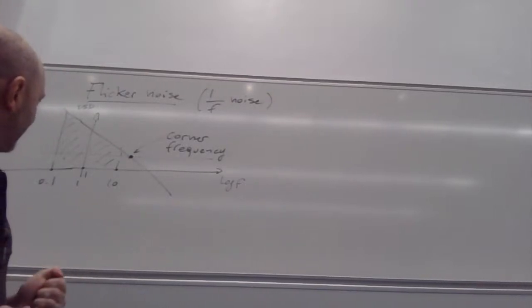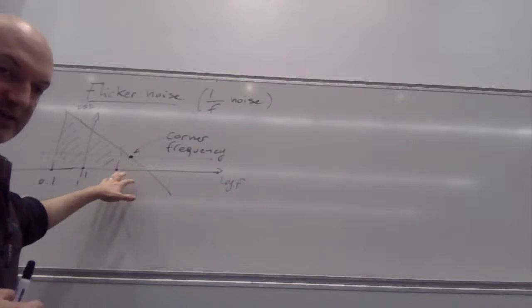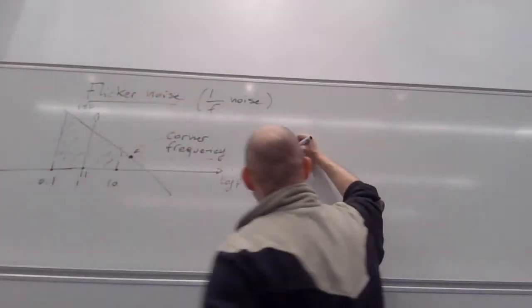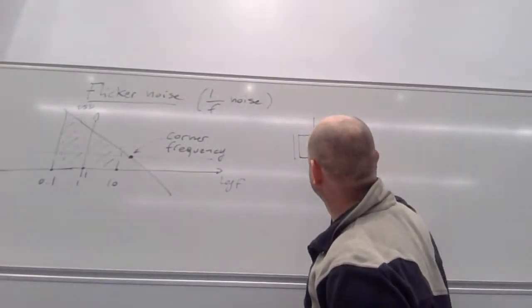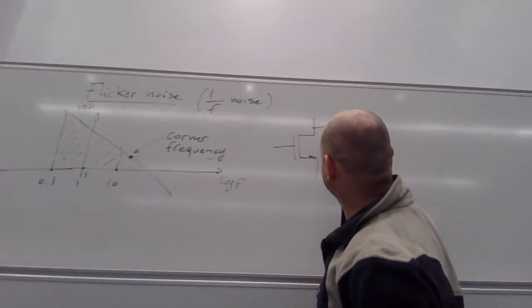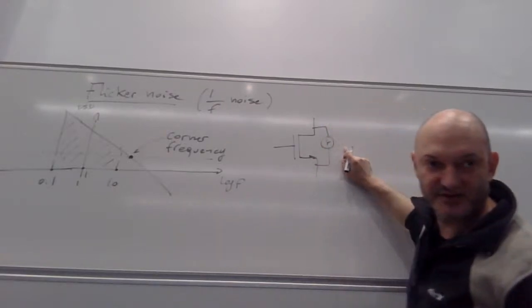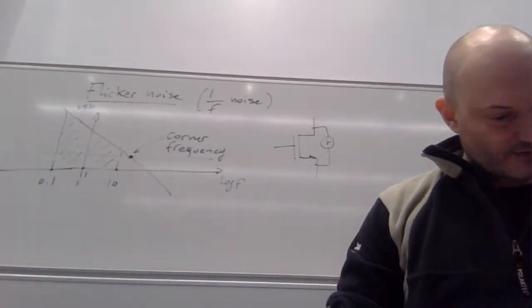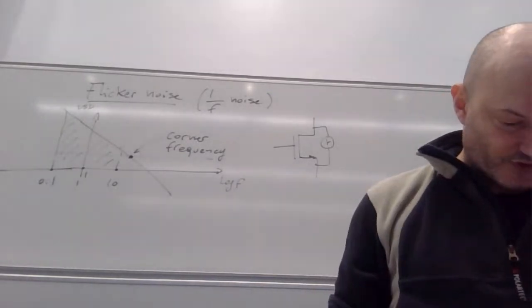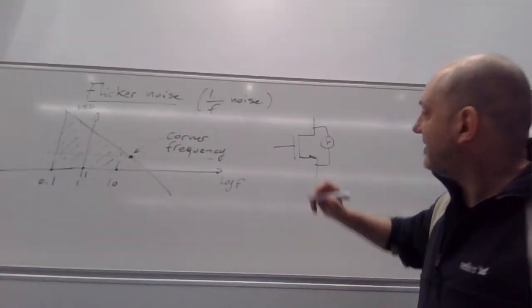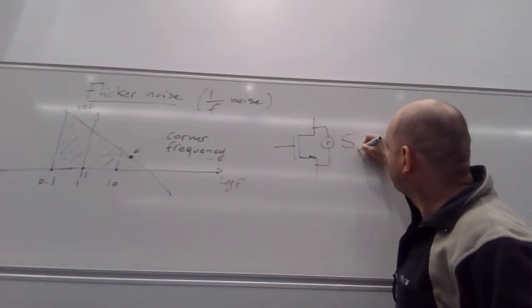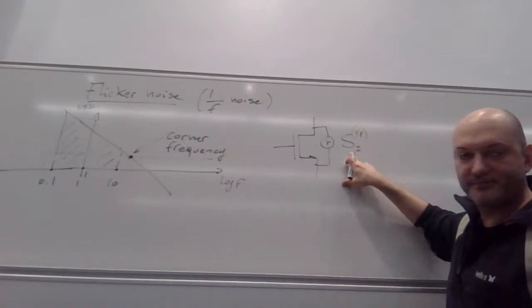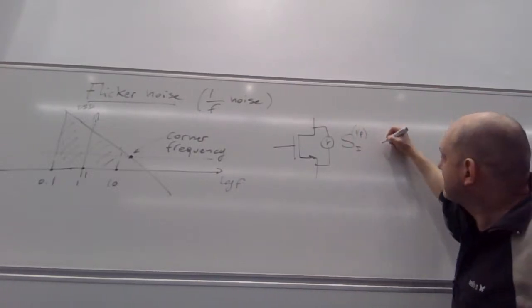Right, now the model of the noise source is exactly the same as for thermal noise. So we have a MOSFET and we have our noise current source there. One possible expression for the power spectral density of flicker noise is this one.